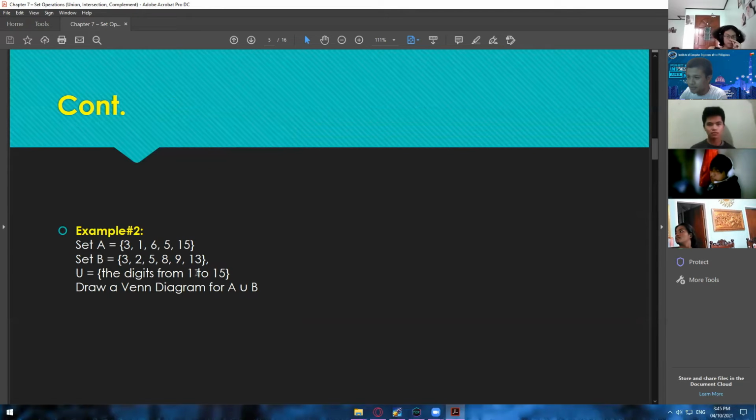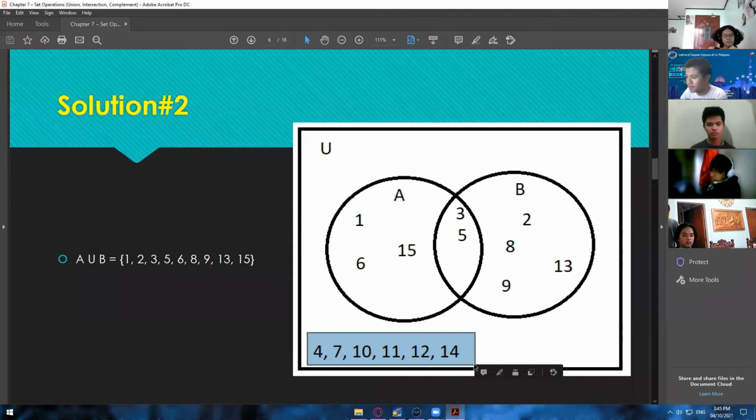And then for the remaining numbers that are not included in set A and set B, just put them right here, which are 4, 7, 10, 11, 12, 14.